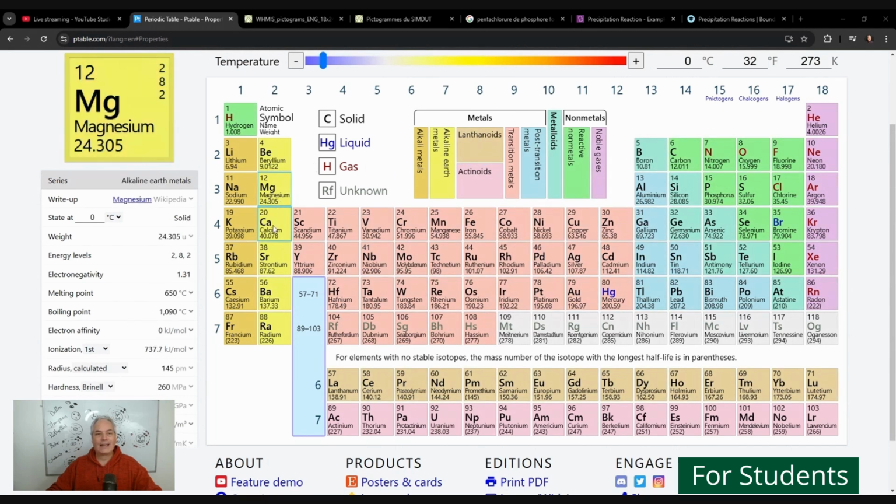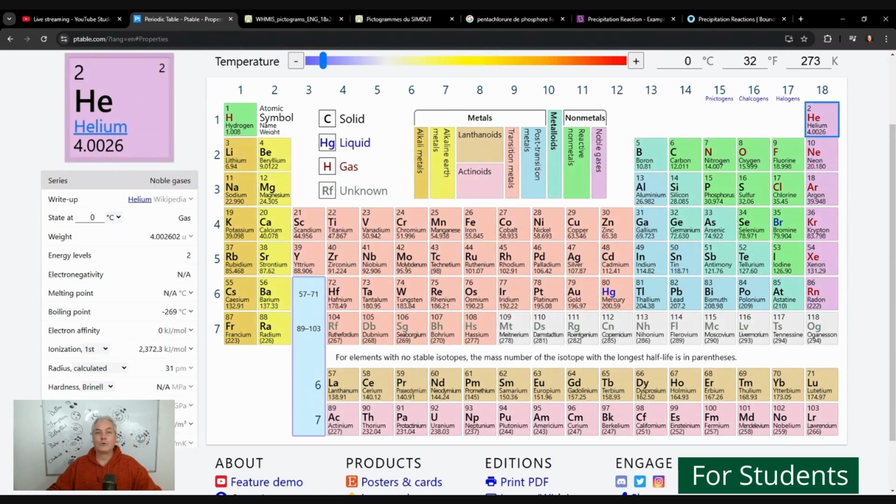Now, if you look at calcium right here, calcium has the number 20. That's the atomic number. The atomic number is the number of protons in the nucleus, and that's the identity of an element and atoms of that same element. So hydrogen here has an atomic number of 1 because it has 1 proton.